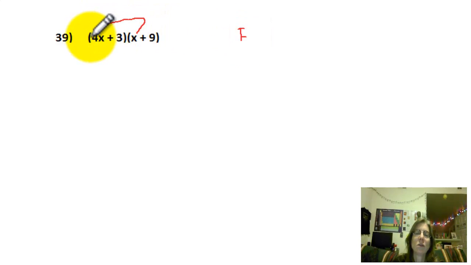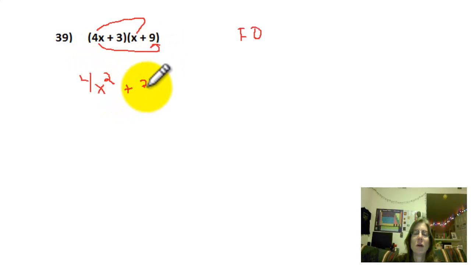The terms on this problem are 4x, 3 is a term, x is a term, 9 is a term. 4 times x times x, that is 4x squared. Now we're going to do the outsides. That's this one and this one. 4 times 9 is 36. They're both positive, so it's plus 36.